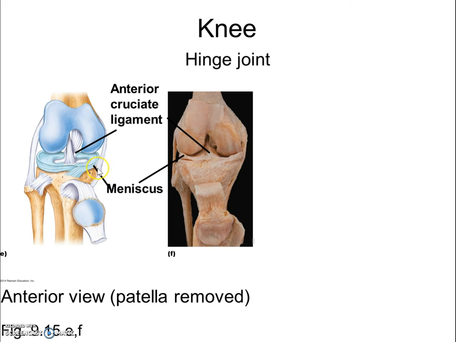The second is that meniscus that we had looked at earlier. The meniscus is in blue here, it's cartilage, and it basically lines the top of the tibia so that the femur can come down and basically be cushioned by the meniscus. So these are two very important structures in the knee joint.